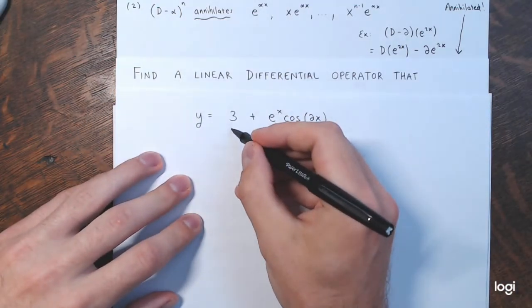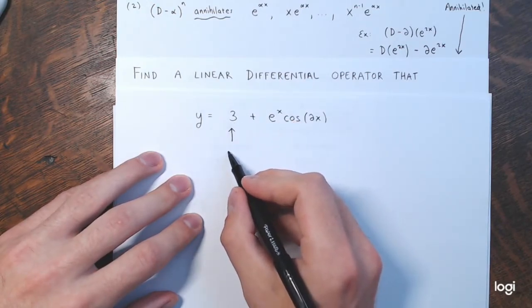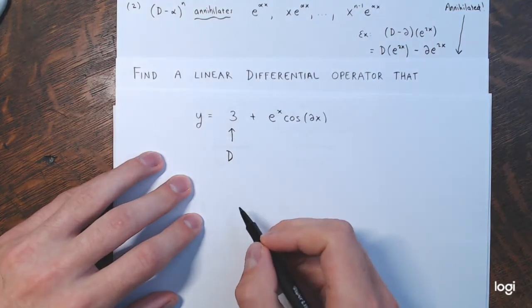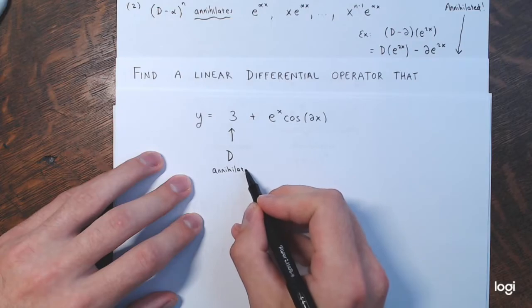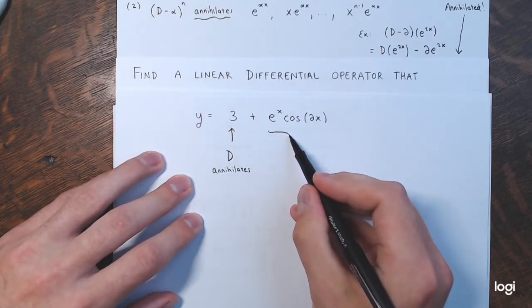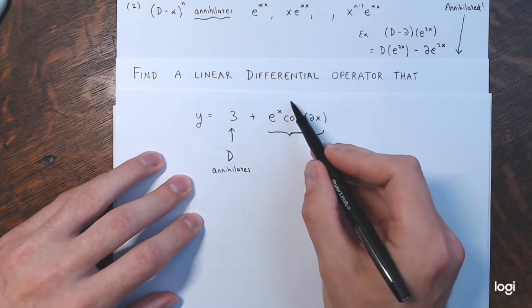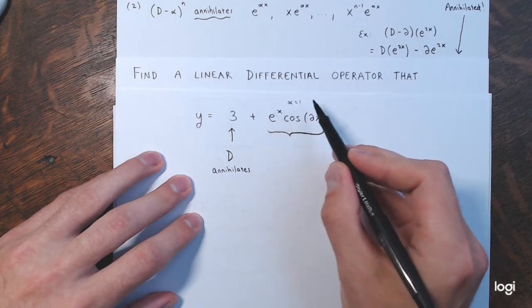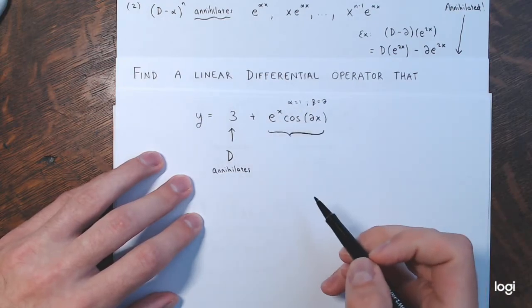All right, then I have one last example. So again, two terms this time. 3, the constant, is annihilated by just D. That would annihilate 3. This e to the x times cosine of 2x: this time alpha is 1, that's e to the 1x, and beta is 2, it's cosine 2x.